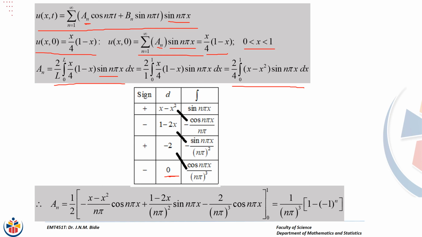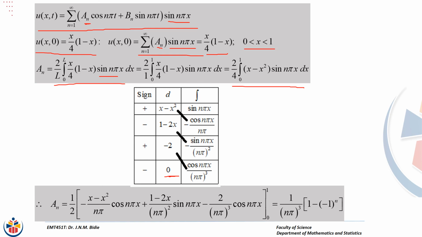So I wrote down exactly the first row. You write x minus x squared, the function that was given under the integral sign. Note that I don't have that 2 over 4. That 2 over 4, you'll see how it's going to come in. And then we've got sine n pi x under the integration.